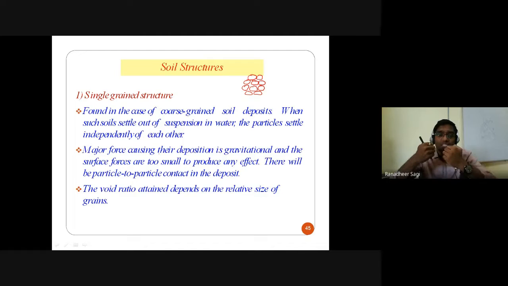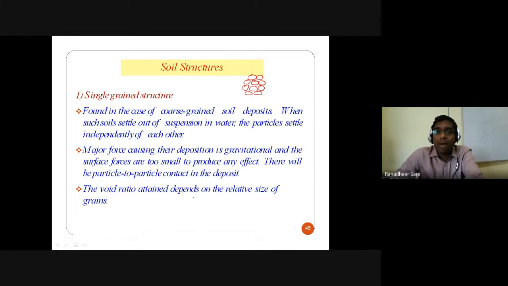Bond exists between one particle and another in coarse grain soils because of the irregularity in the grain shapes, based on which one particle gets strongly bonded with another because of the projections where the grains are in contact. So the major force causing their deposition is the gravitational force, and the surface forces are too small to produce any effect on such coarse grained soils.